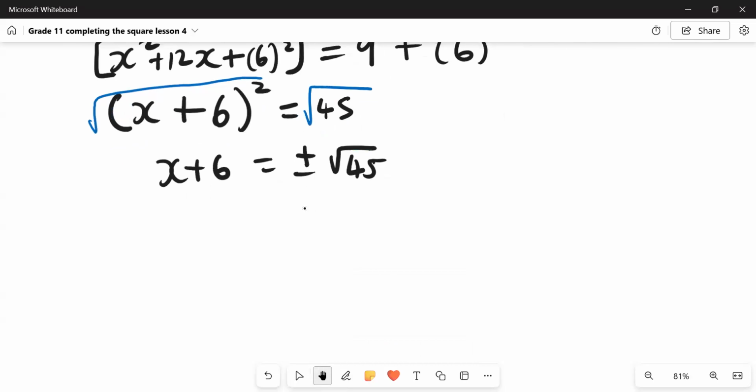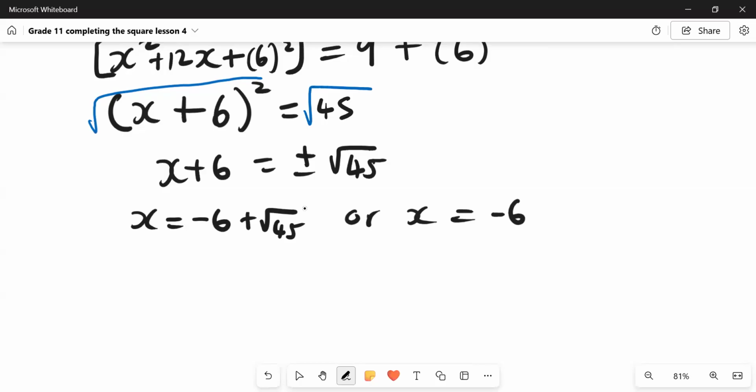And then from there, x would be minus 6 plus root 45, or x is equals to minus 6 minus root 45.